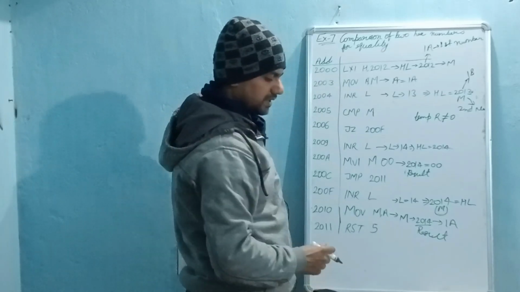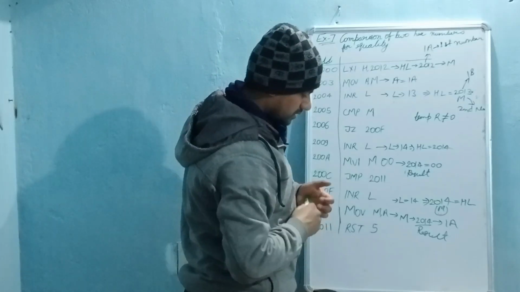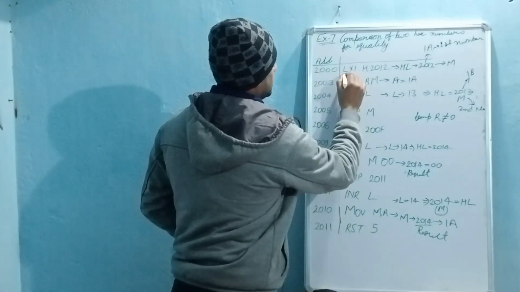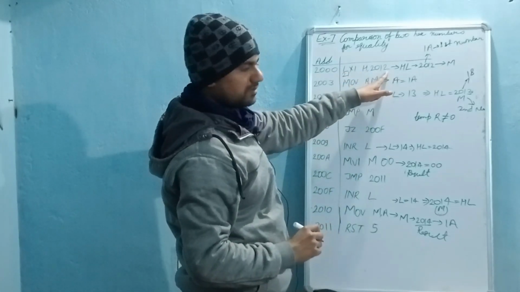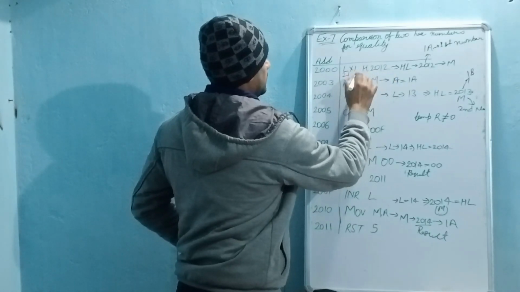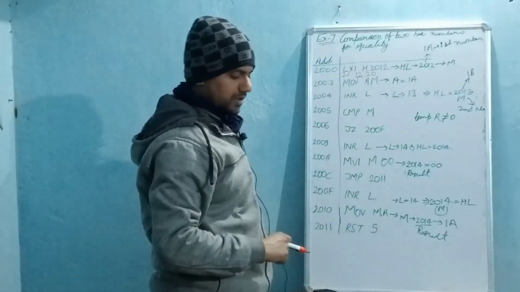So here the first is LXI H. For this one we have 21, and for the address again we write down the LSB first, so 12, then after that, 20.